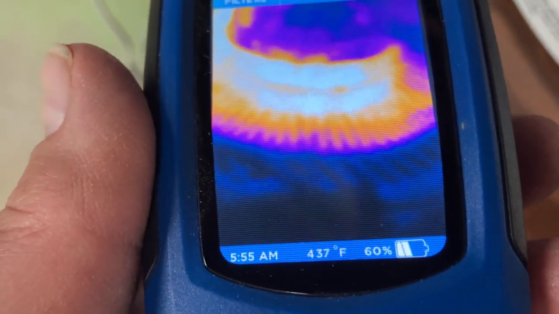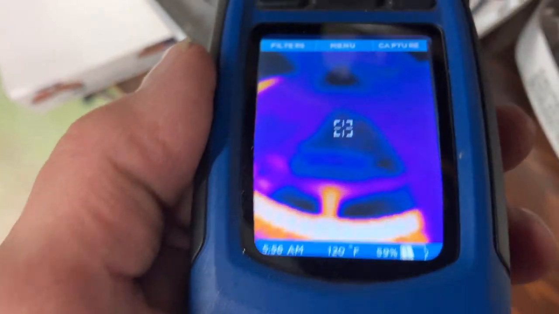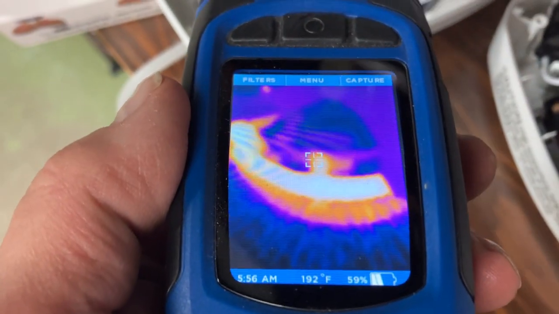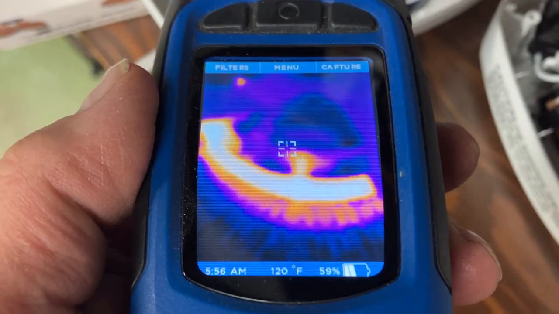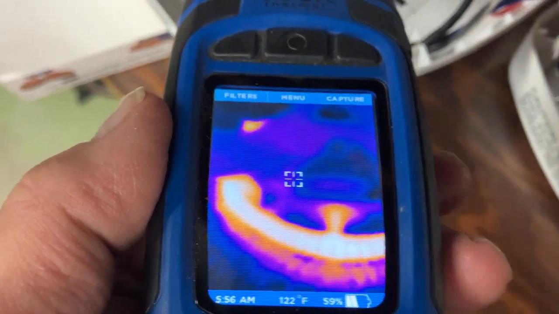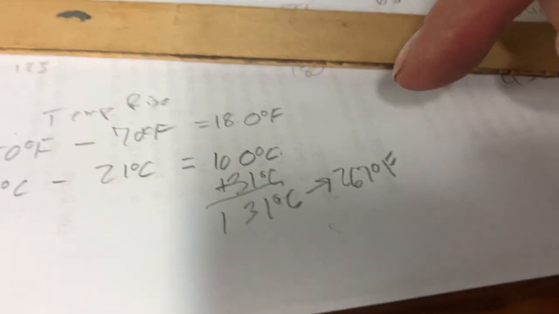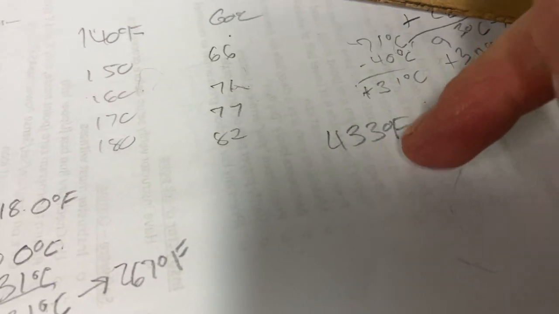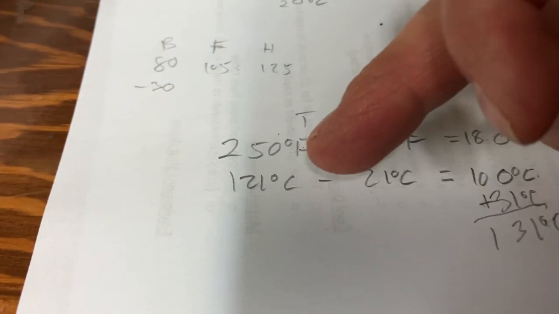All right, so let's write that number down. So the coils are up around 430 degrees Fahrenheit. 181, I think that's the motor, 181. All right, so even at the high level, when it's on high, the coils got to 433 degrees Fahrenheit, but the motor, the best I can read, is still about 250.